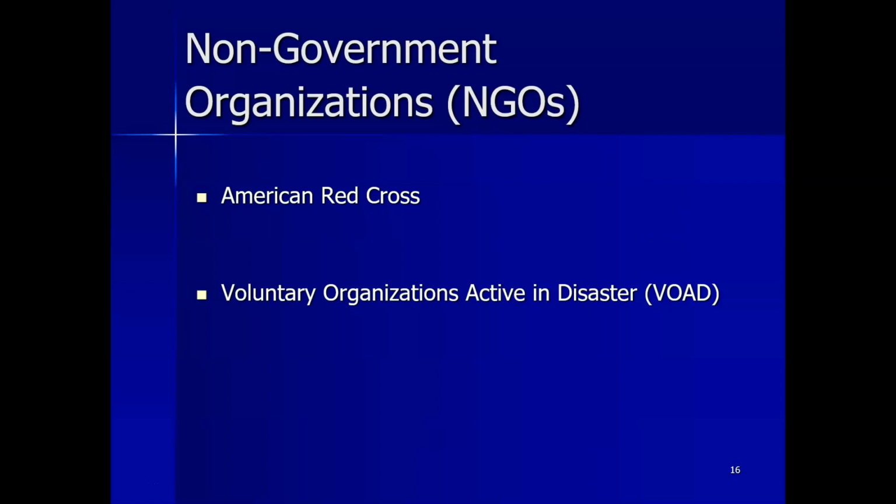Now, National Voluntary Organizations Active in Disaster is known as the acronym VOAD. Points of Light and Hands On Network are NGOs that coordinate relief efforts and capabilities of other voluntary agencies.